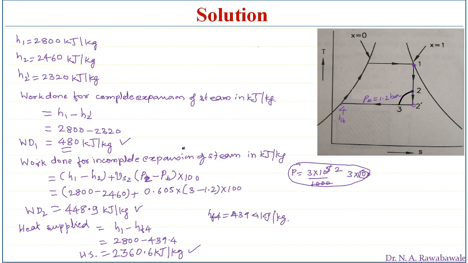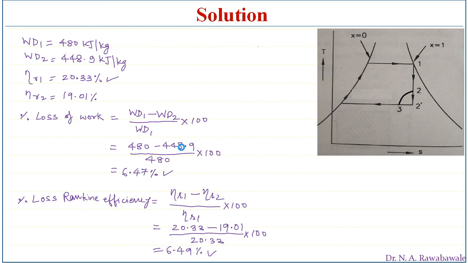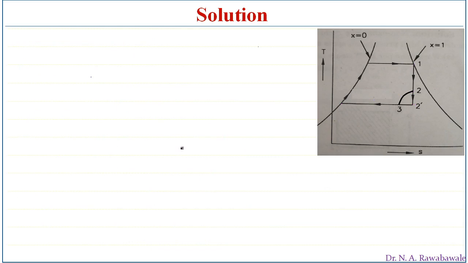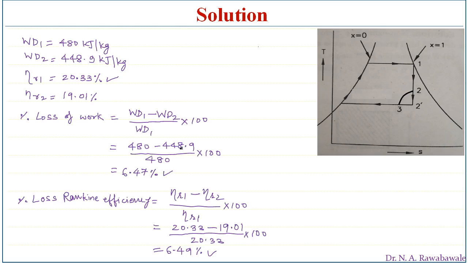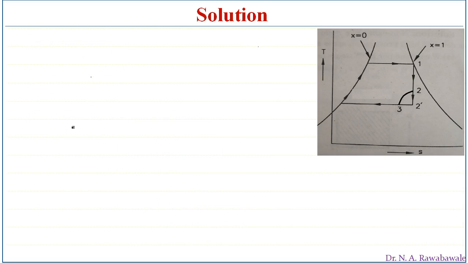Now the same problem we will solve using the steam table. We want to find the enthalpy at point 1. Enthalpy at point 1 can be obtained as HF1 plus X1 HFG1. This is at a pressure P1 of 20 bar.